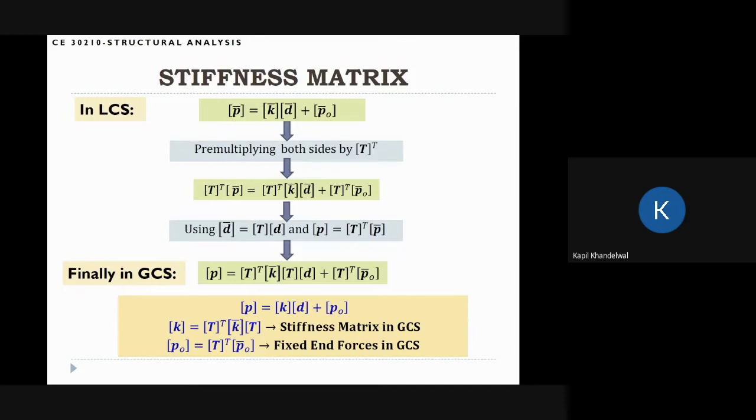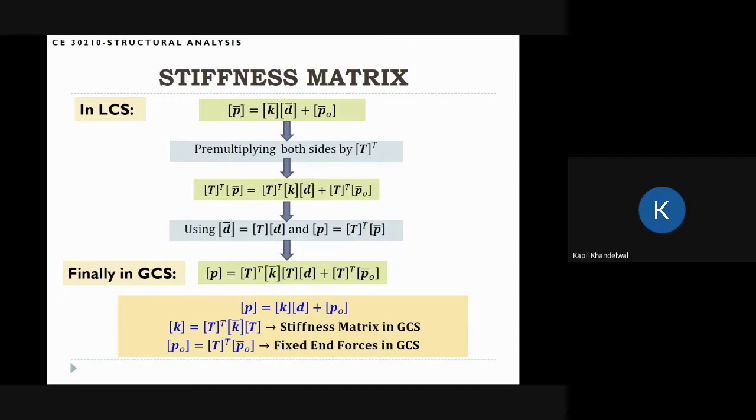If you express the forces in the global coordinate system like P, they will not make much physical sense. So P bar makes more physical sense when we express forces, but K and P0 are needed to solve the problem. So we have to write two functions. One is to calculate the stiffness matrix and P0, and the other function, after we solve the system, is to calculate this P bar. These are the two functions you have to write as a part of your project.